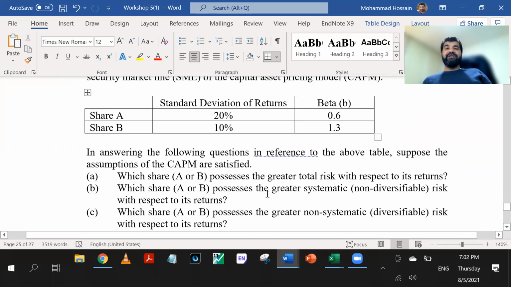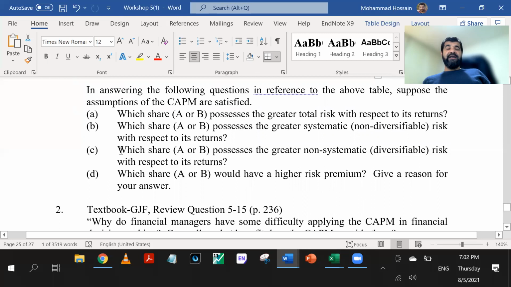Which share poses the greater systematic risk with respect to its return? Systematic risk, this is your systematic risk. So beta actually tells you the systematic risk, which you cannot avoid. Standard deviation tells you about the non-systematic diversifiable risk.